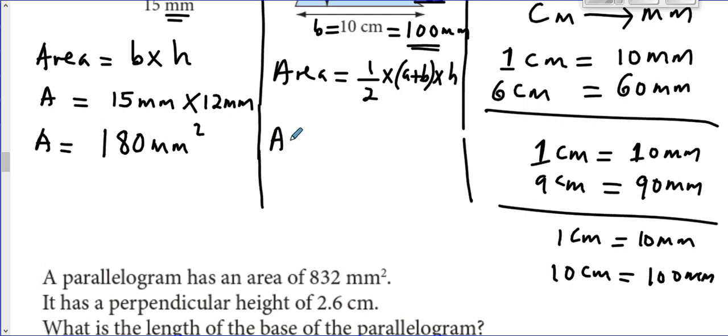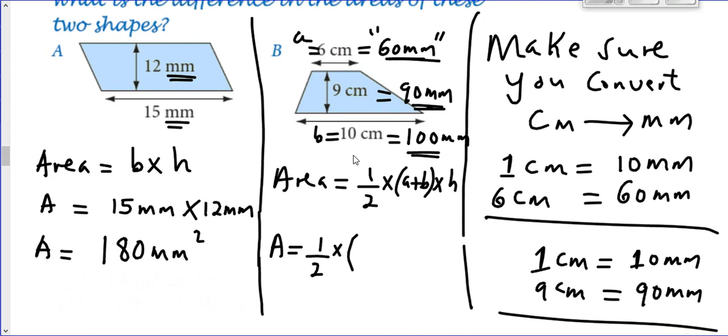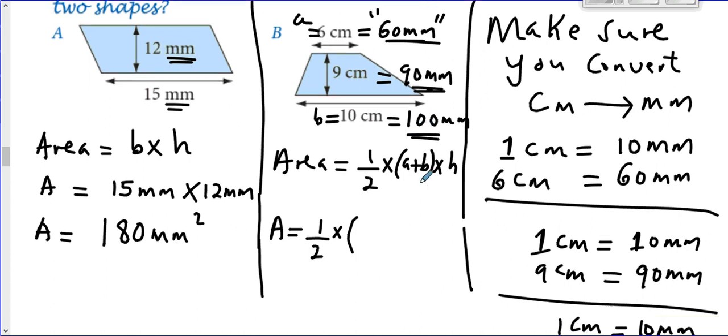So area will be equal to 1 over 2 times A, which will be, instead of 6 centimeters, 60 millimeters, because these have to be the same metric units. So we have 60 plus 100, sorry for that, times height, which is 90.